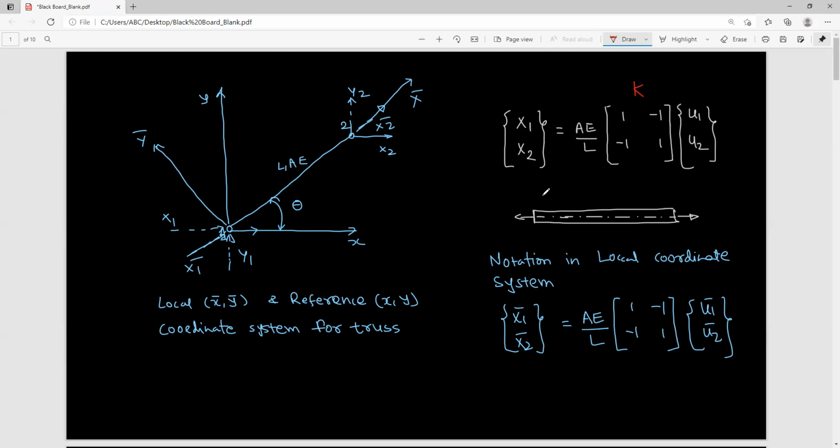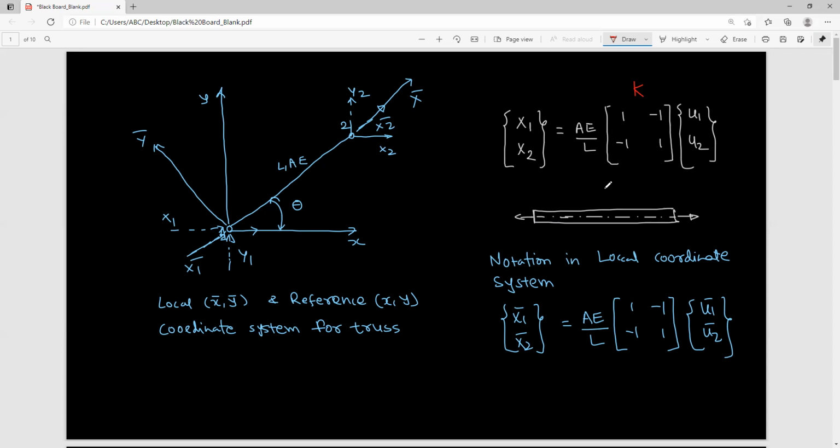So in many instances, we are required to conveniently write our stiffness matrix in both coordinate systems, that is the local coordinate system and the global coordinate system. So we have to introduce the local and reference coordinate systems in this case.